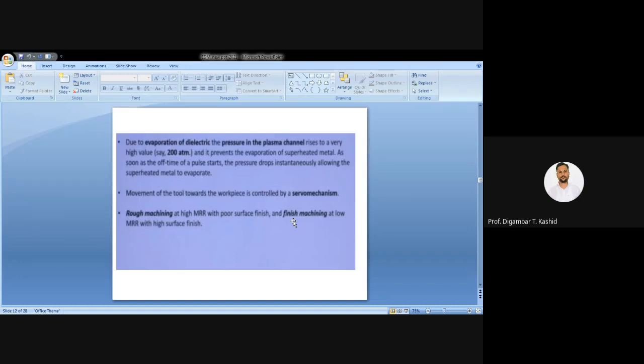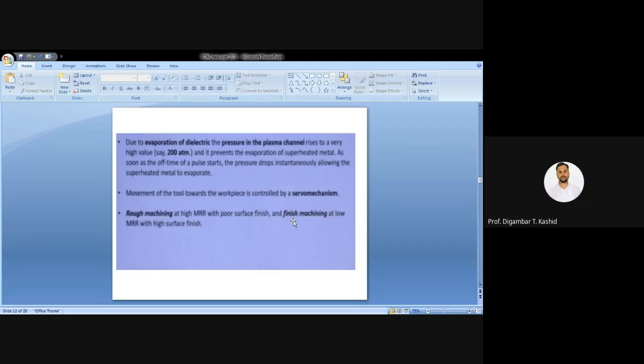So to get rough machining at high metal removal, you will get a poor surface finish, and for finish machining, you will get low material removal but a high surface finish.